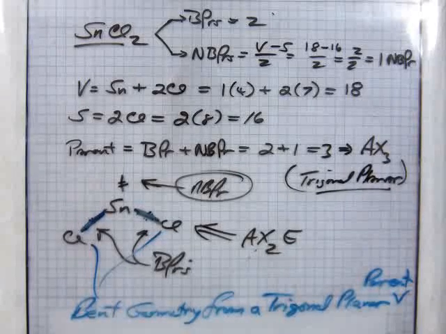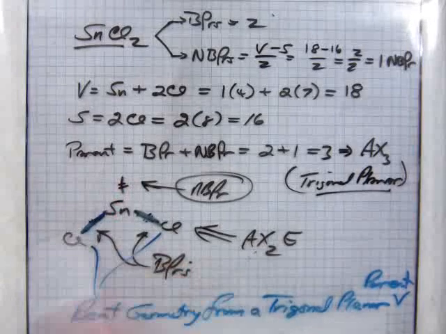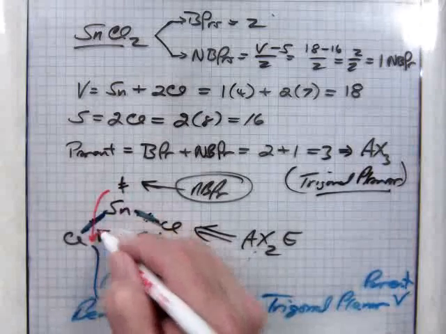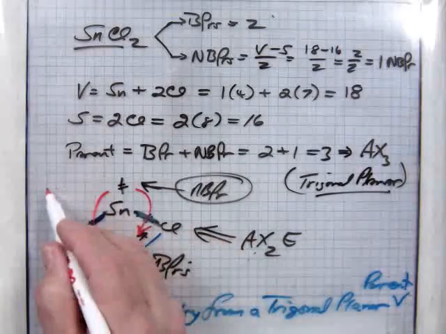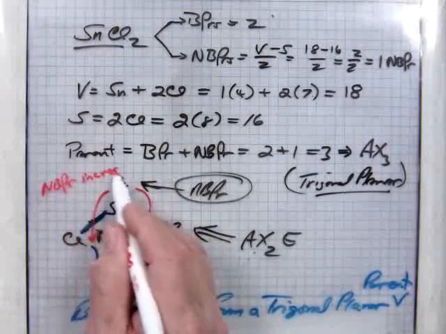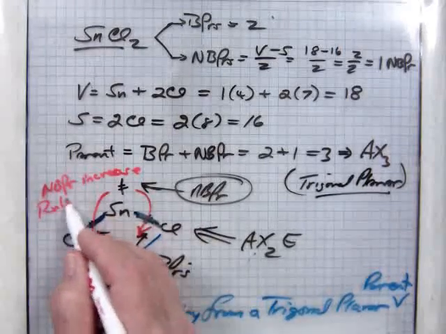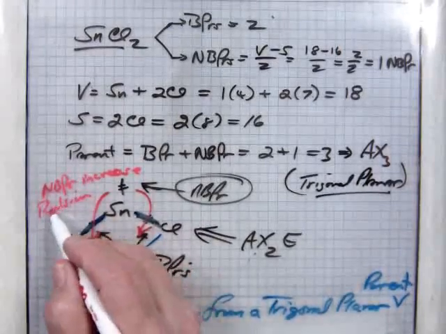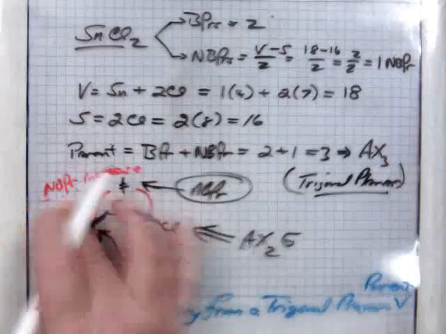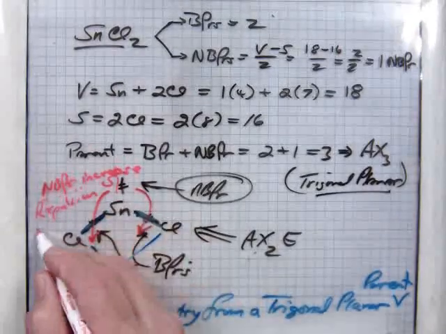Now, one of the things you want to watch for as we go through this is that when you have a non-bonded pair like that, it's a very strong negative charge and functions to repel even more. Non-bonded pairs increase repulsion over bonded pairs.